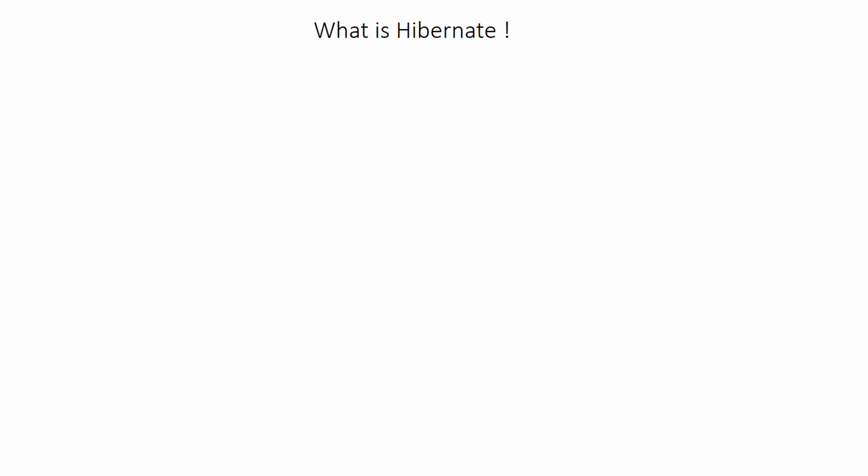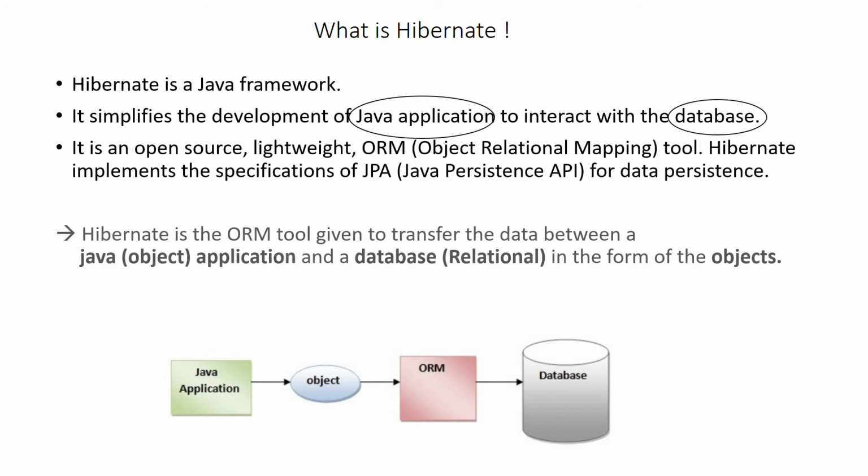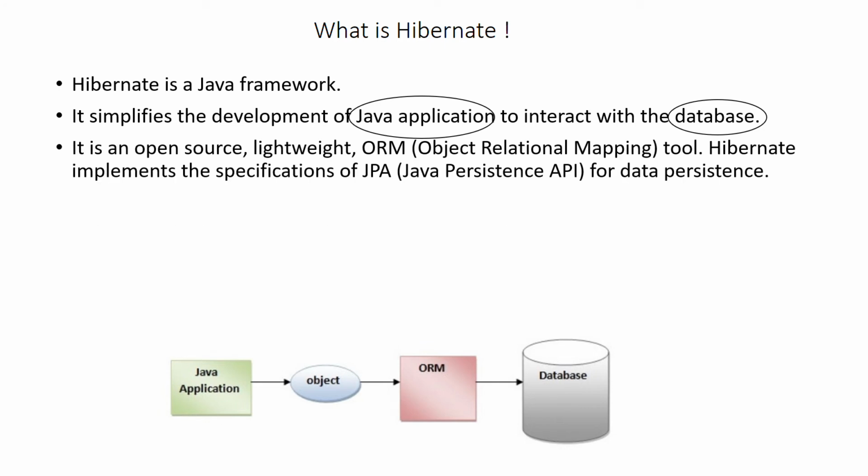So let's understand what Hibernate is. Hibernate is a framework. It simplifies the development of Java applications that interact with a database. It is an open source lightweight ORM tool, where ORM stands for Object Relational Mapping.